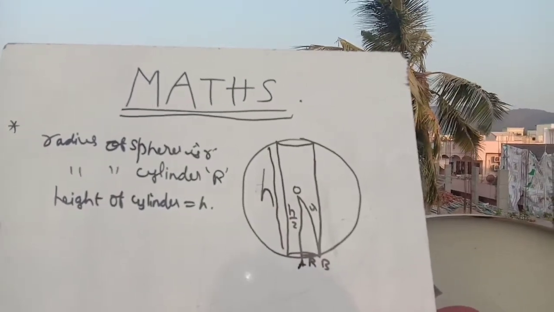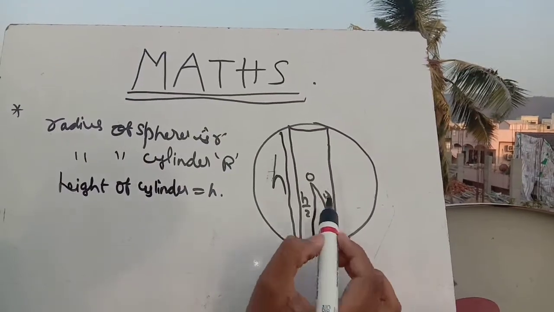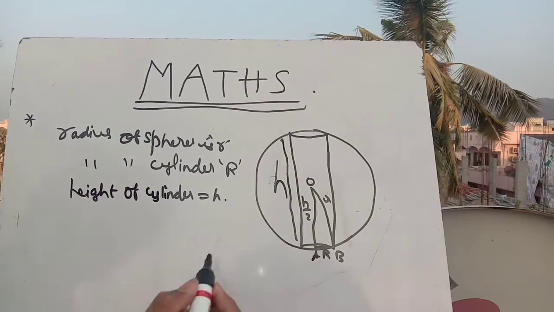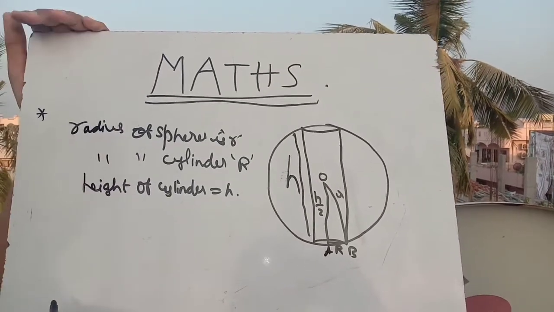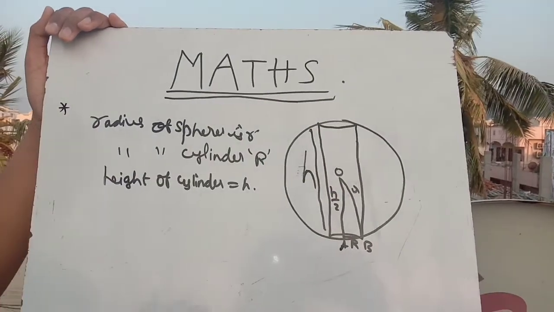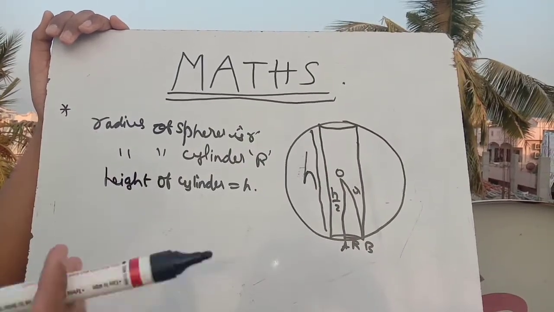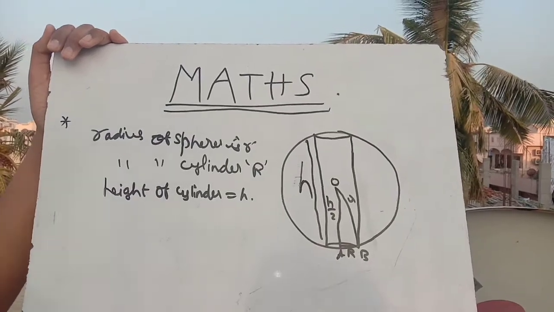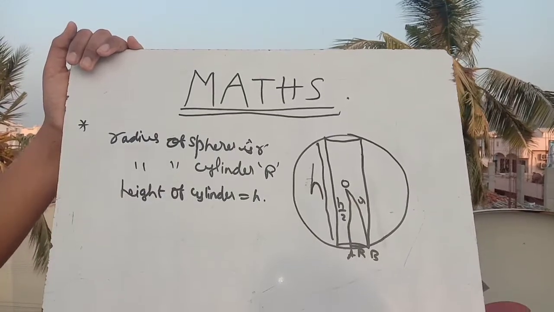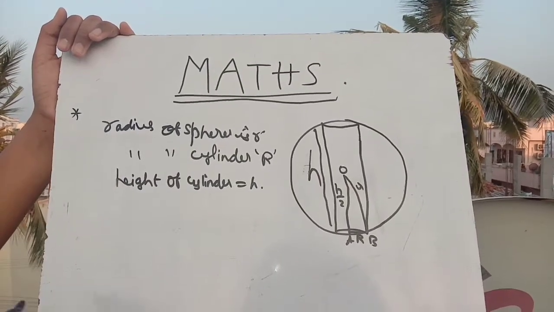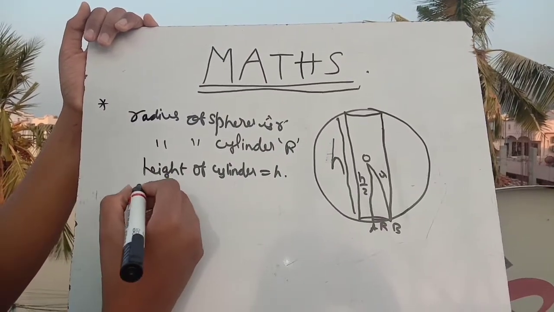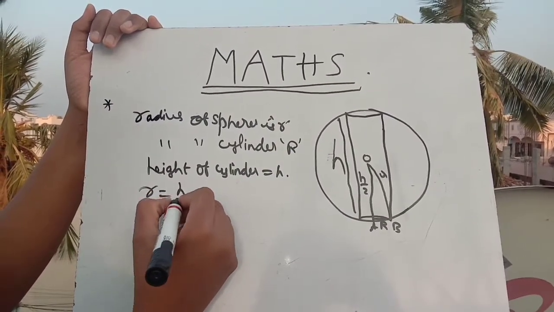The radius of the sphere is equal to half the height of the cylinder, since from the diagram the total height is the height of the cylinder. So small r is h by 2.